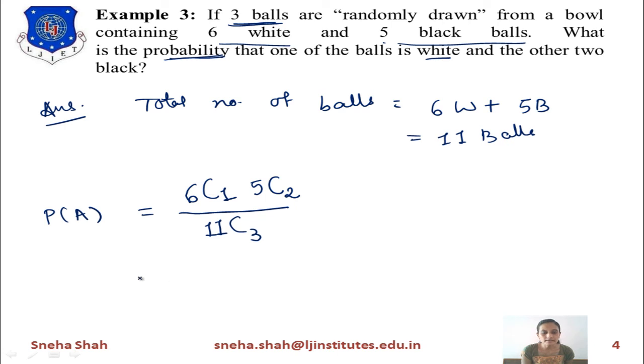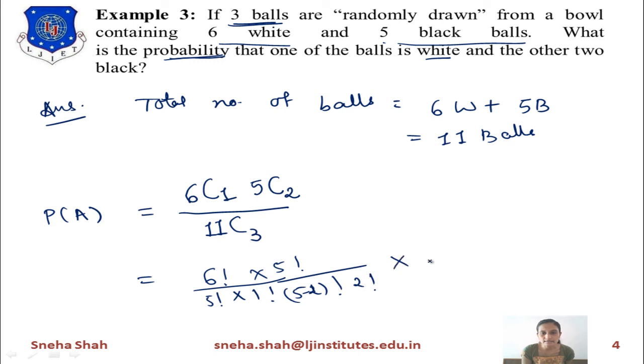Now if we simplify this, it will be 6 factorial upon 6 minus 1, which is 5 factorial, into 1 factorial, and this will be simplified like this: 5 factorial upon 5 minus 2, which is 3 factorial, into 2 factorial, into 11C3, which will be written like this: 11 factorial upon 11 minus 3, which is 8 factorial, into 3 factorial.